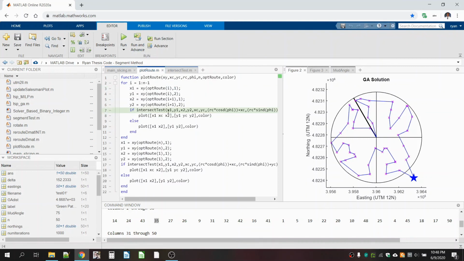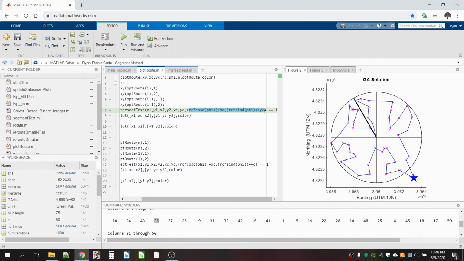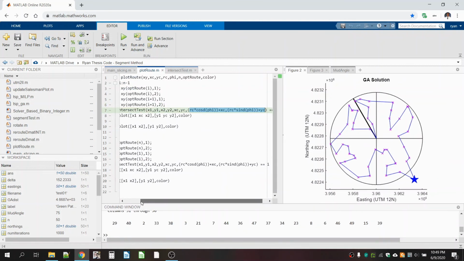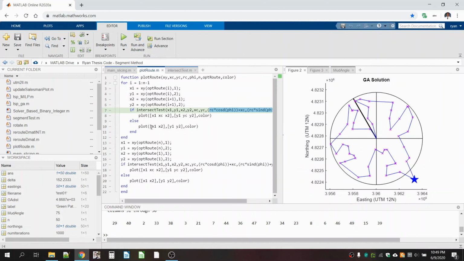But what this is saying is, if these lines intersect with the irrigation line, then instead of plotting from the first waypoint to the second waypoint, I'm going to plot from the first waypoint to the center of this crop to the next waypoint.